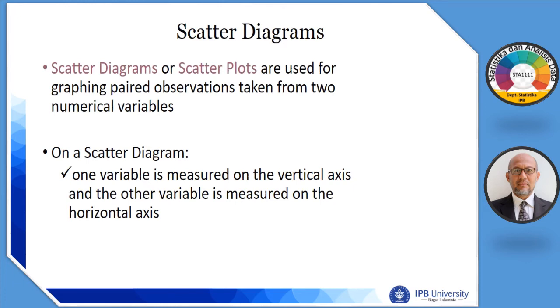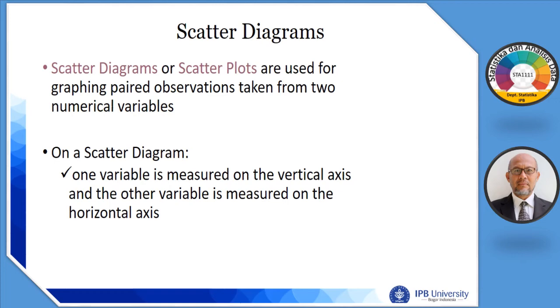So as I mentioned before, if you have two numerical variables, you can use scatter diagrams. Scatter diagrams or scatter plots are used for graphing observations taken from two numerical variables. I think we have already discussed the scatter plot in an earlier meeting.